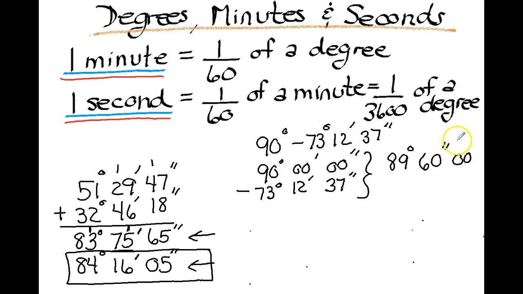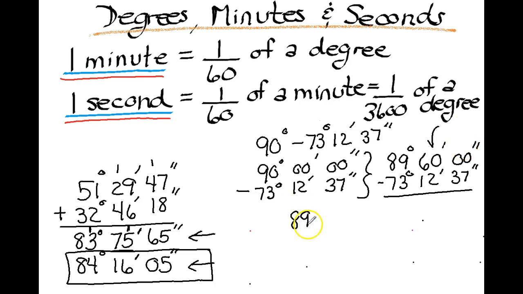Now we still need seconds, so we're going to have to do something with the minutes. We're going to have to regroup those minutes because we need to be able to subtract these 37 seconds. So let's rewrite one of the minutes here as 60 seconds.